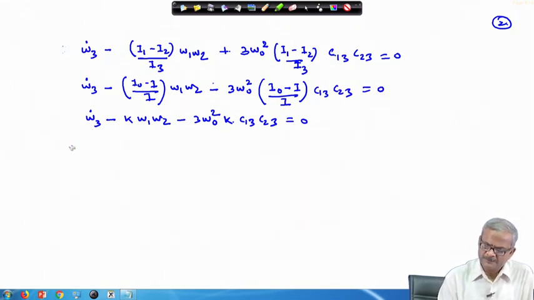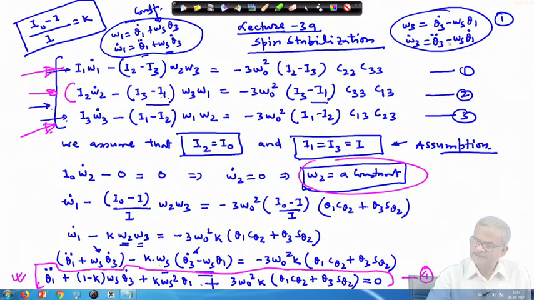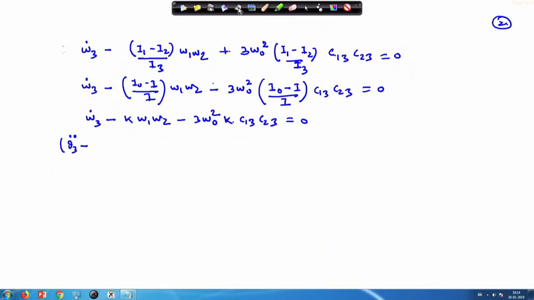Now, insert the expression for theta 3 dot, omega 3 dot. So, this is theta 3 dot minus omega s times theta 1 dot, and then the rest of the terms we have to insert here.